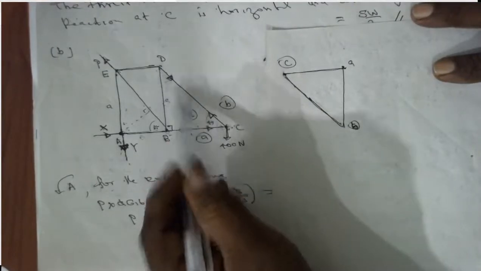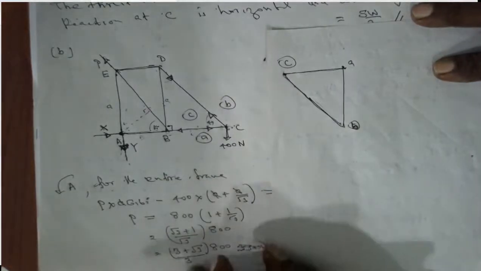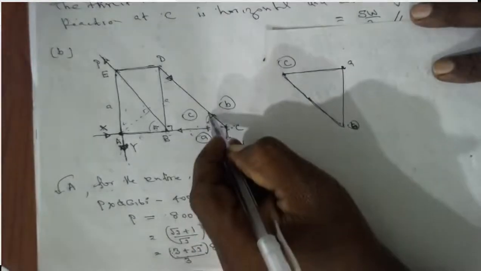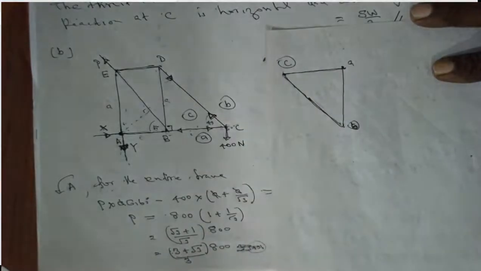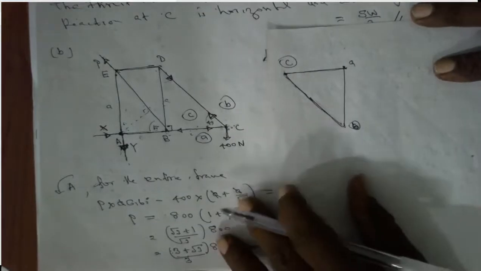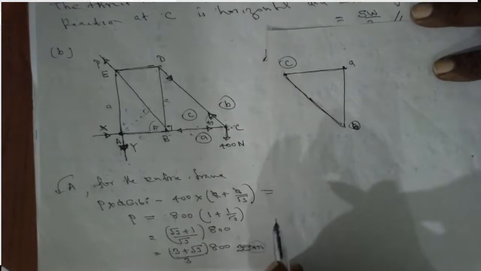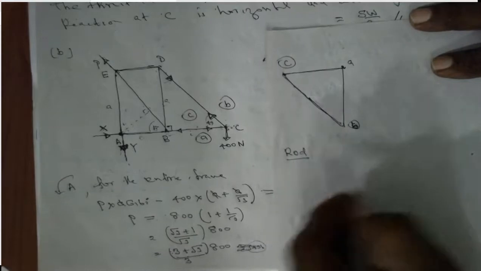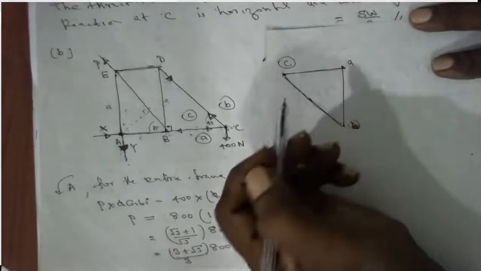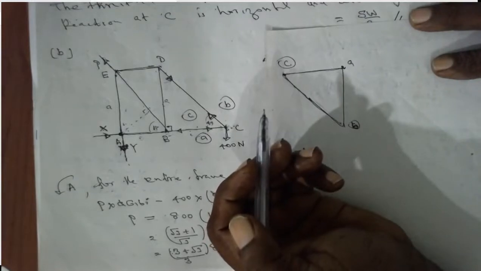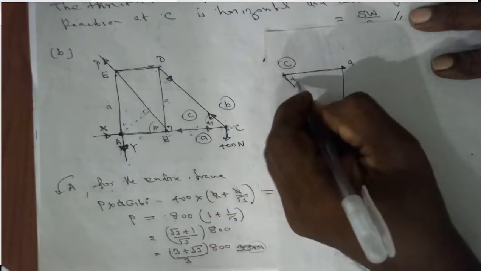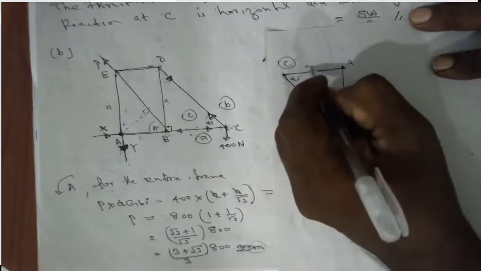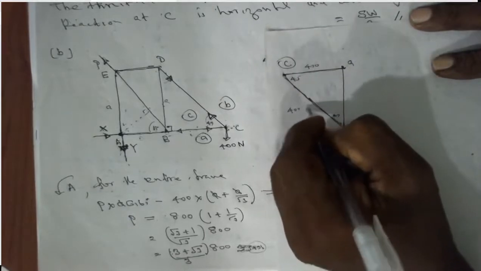That means this rod has a tension, right? Tension. This one 45, this also 45. So AB equals 400, therefore this also 400. This one 400 root 2.